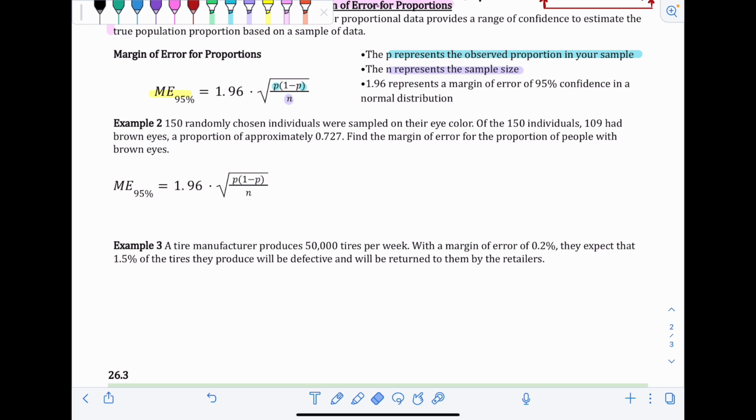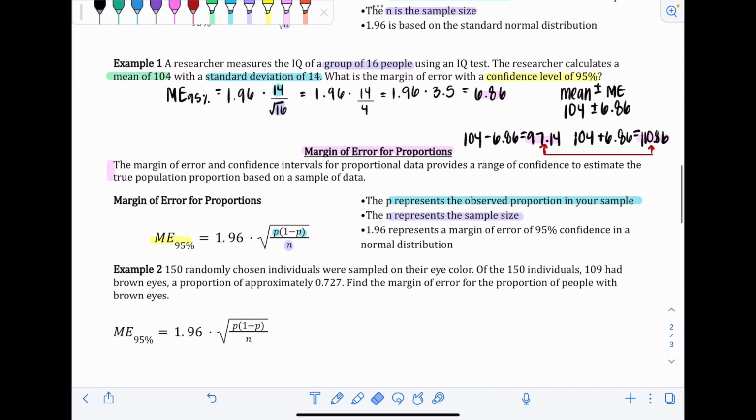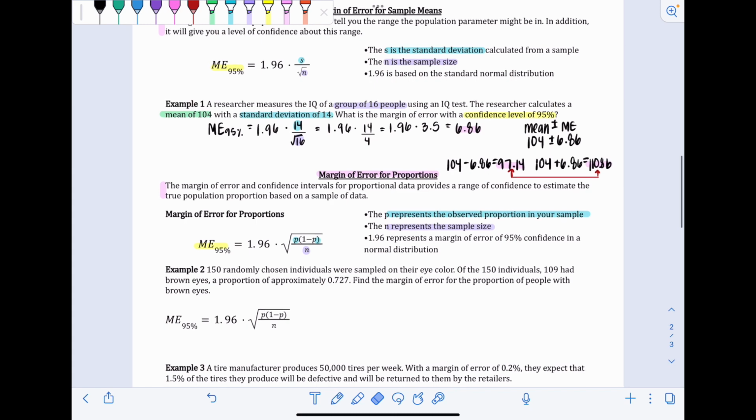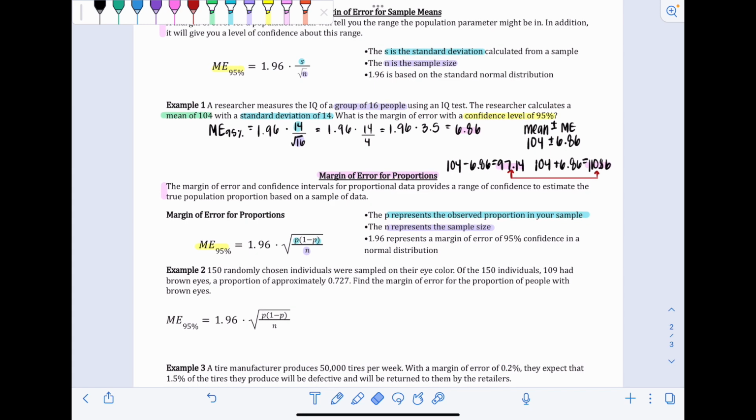Sometimes one of the hardest things with statistics is just figuring out what we need to apply when. So before we actually do this problem, I want to compare these two. In example 1, we were given the sample mean, the researcher calculated a mean based upon his sample that he studied of 104. In example 2, we're given this proportion of that sample.